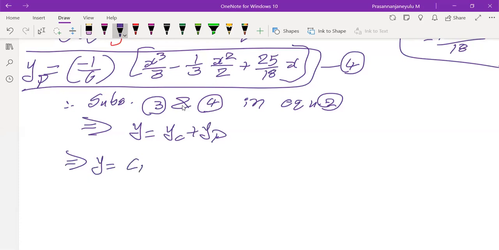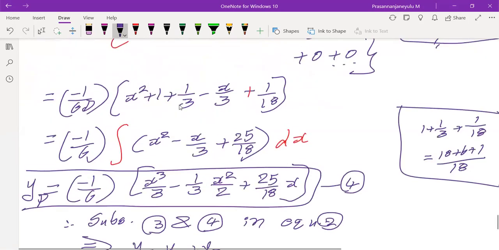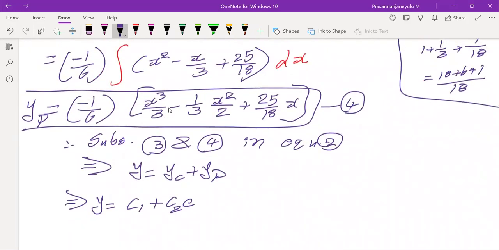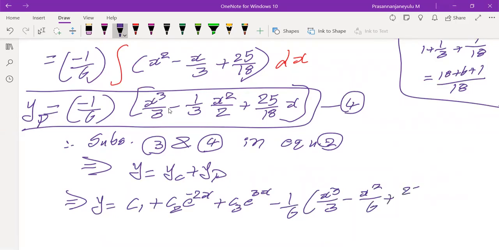I'm not writing that because it is nothing but 1 only, plus c2 into e power, I think minus 2x, plus c3 into e power 3x, plus yp. Yp is nothing but minus 1 by 6 into, writing as it is, x cube by 3 minus x square by 6 plus 25 by 18 into x. So this is the general solution of the given differential equation.